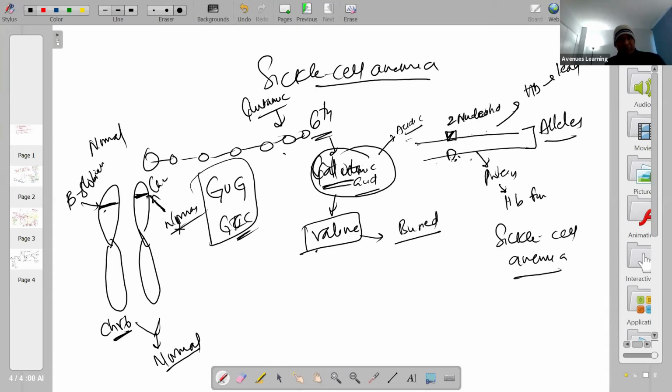If the father has a normal copy and the mother has a defective copy, for instance, this is normal, and let's say this is the defective hemoglobin. Okay, just forget about chromosome 6. The person who's getting this combination from their parents, father is normal, mother is defective, will still be normal because he has one good copy.